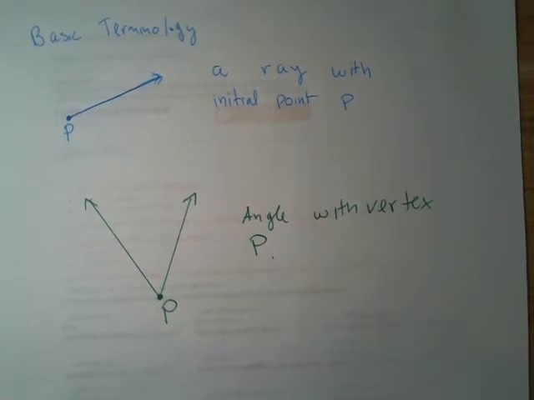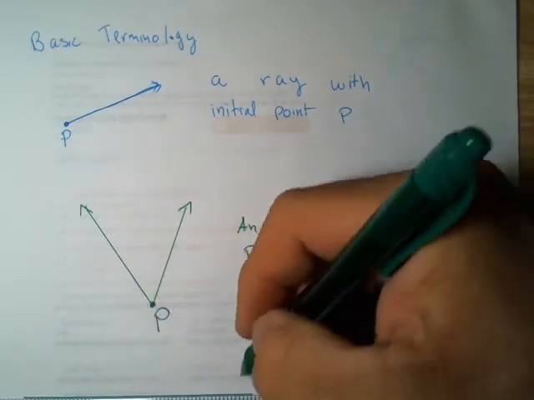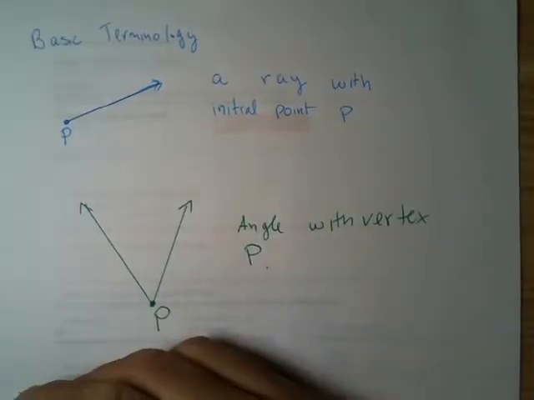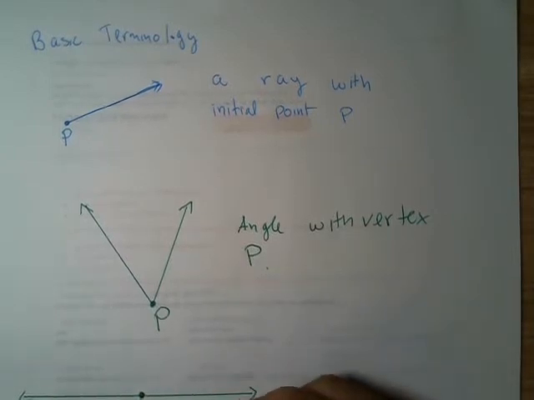Now we're going to classify. Let's look at some special types of angles. You can think here of almost like a line, but let's say this was the vertex. We can call this a straight angle.